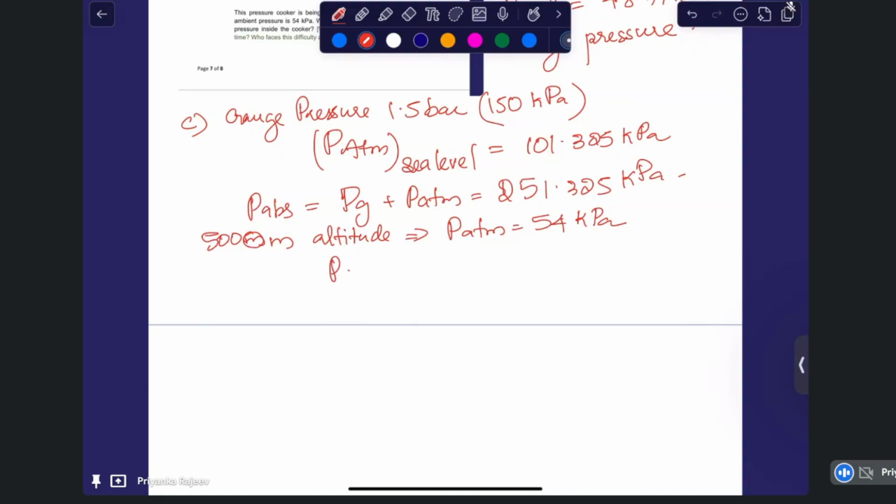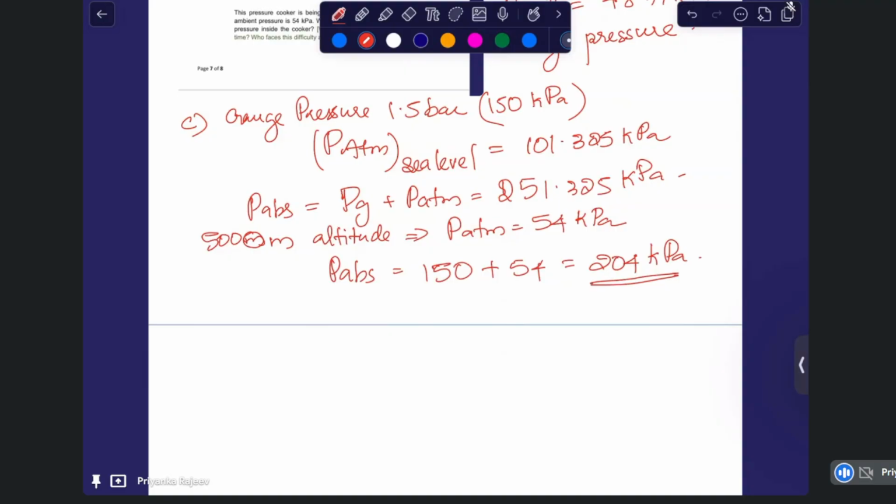So P absolute we have to calculate; the gauge pressure hasn't changed, so 150 plus 54 is equal to 204. So what happened is with altitude, the pressure with which the cooker cooks food has changed, approximately 50 kilopascal of pressure has reduced.